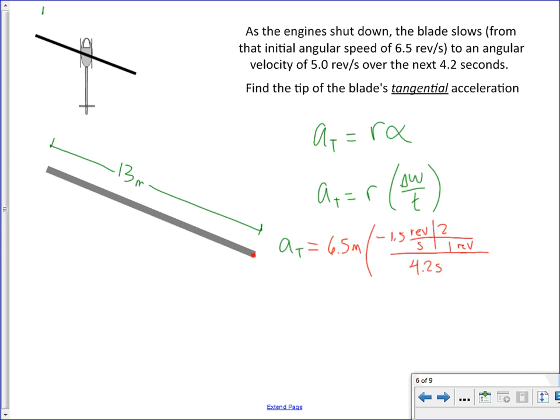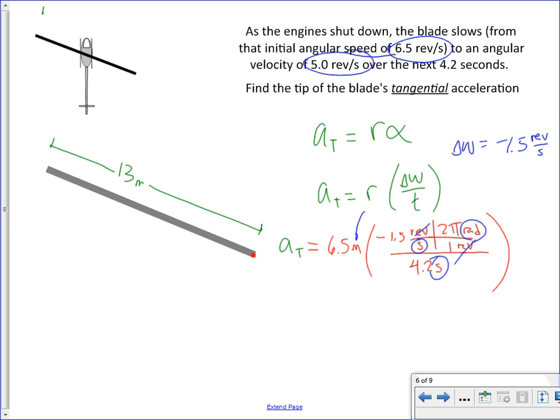In 1 revolution, there's 2 pi radians. So we okay with the fact that delta omega is negative 1.5 revolutions per second? It goes from 6.5 to 5.0. And then these revolutions go at those revolutions. And we end up with, in here, radians per second, radians per second squared. But then here gives us meters times that, meters per second, or meters per second squared.